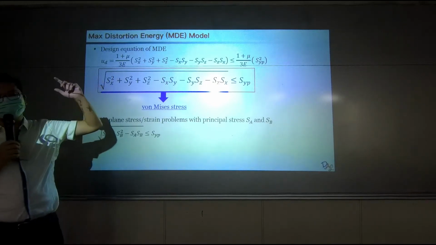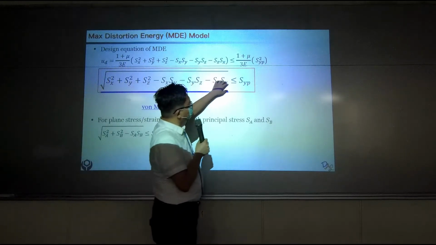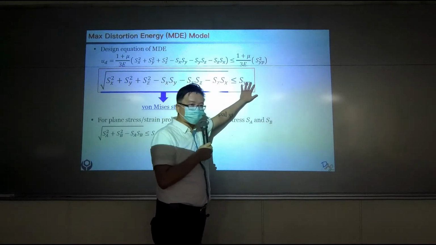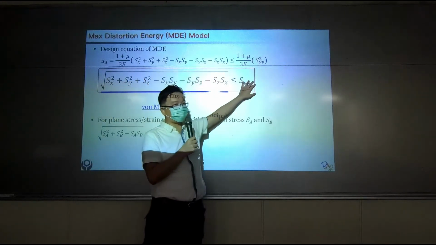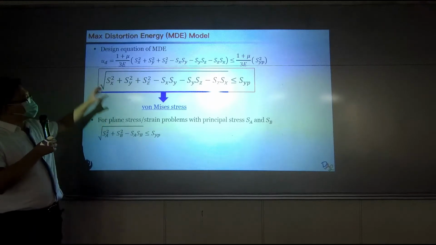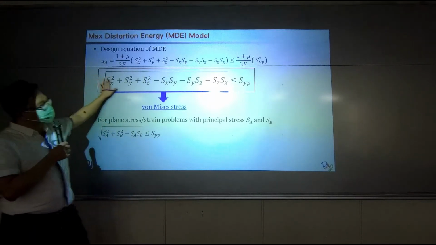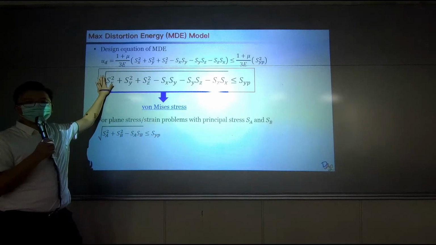So let's first take a look at the unit. This is something that must be the same unit as stress. So on both sides of the equation, we should have the same unit. So we should have this huge thing in the unit of stress.